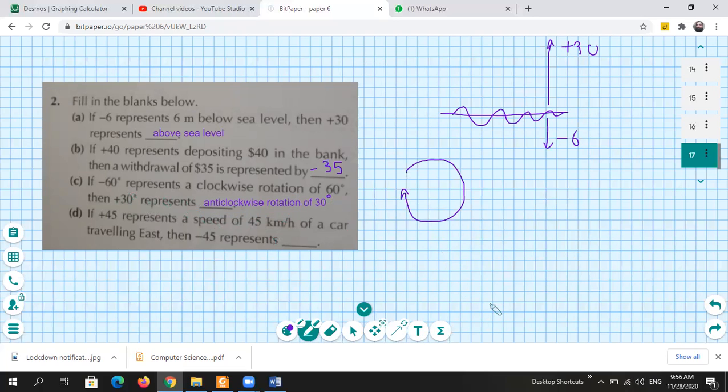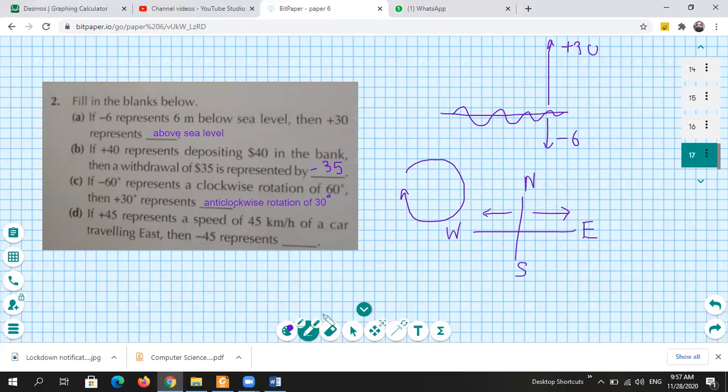Then part D, if positive 45 represents a speed of 45 kilometers per hour of a car traveling east, like we have these directions. This is north, this is south, this is west, and this one is east. So plus 45 is a speed of a car traveling east at this side. So negative 45 must be opposite to it, so it must be towards the west.